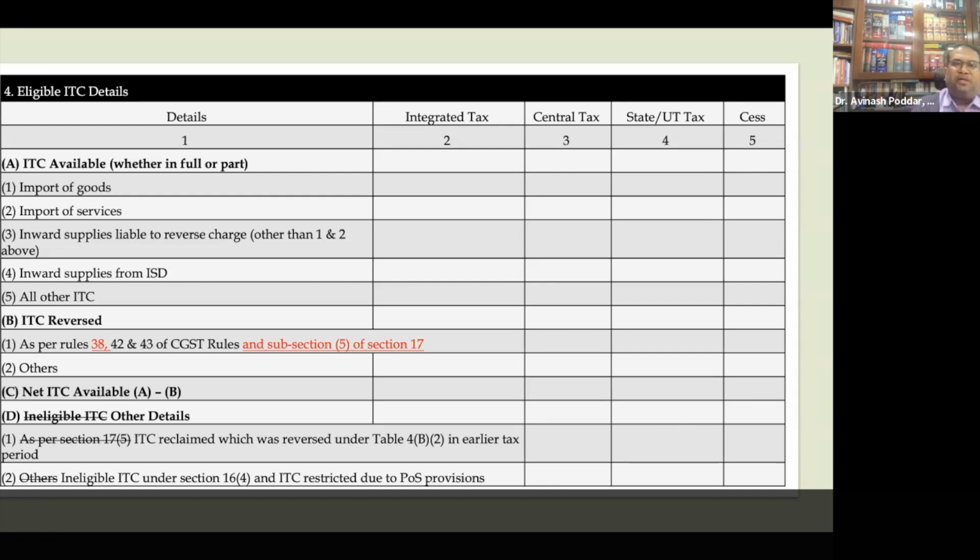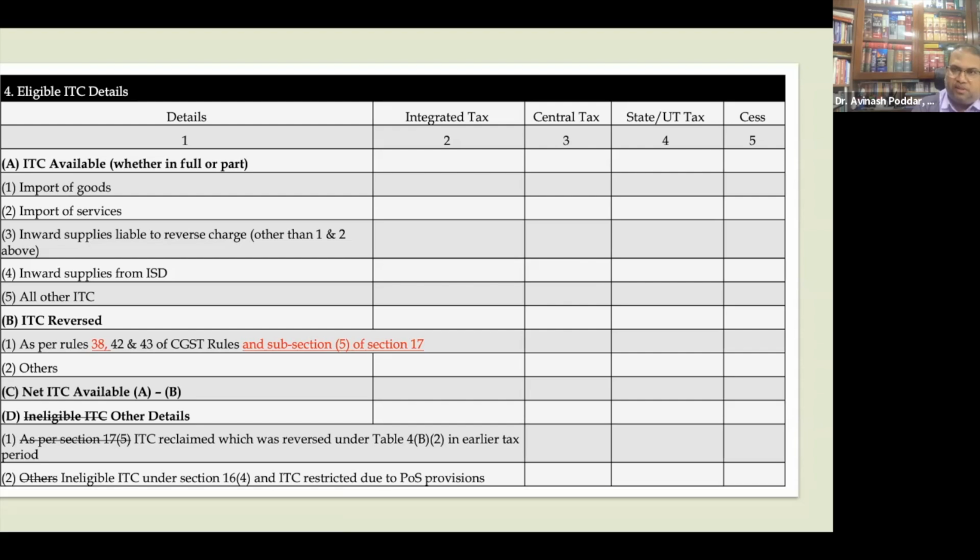So whatever credits I have reversed and which are allowed to be reclaimed have to be shown, for the period in which I am reclaiming them, in 4A5 as well as 4D1. This is what is being casted on us as a responsibility, as a duty.